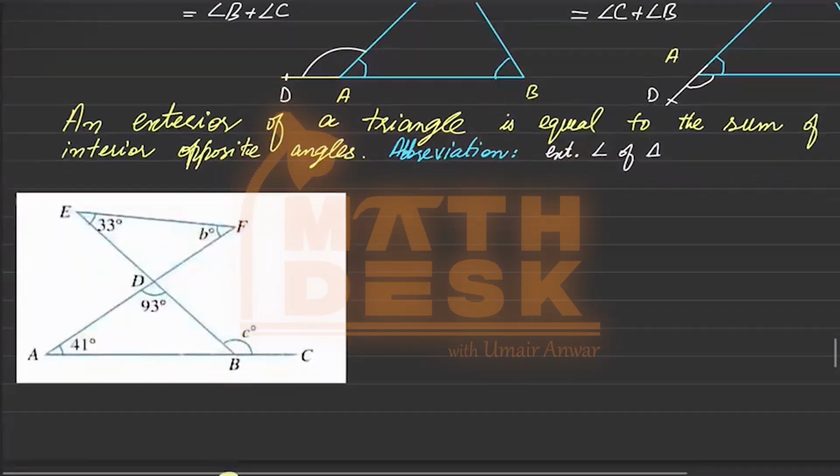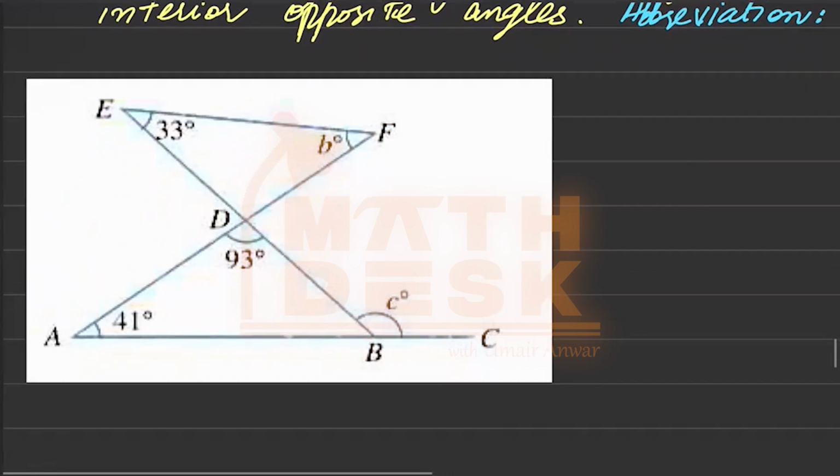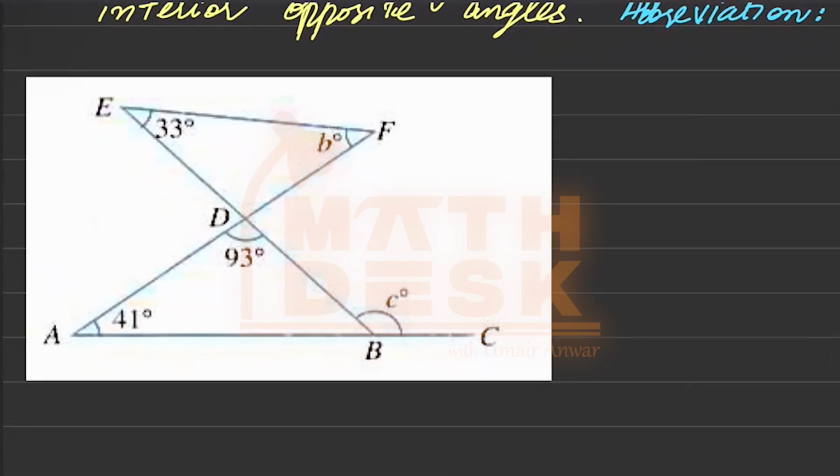For example, in this case, we need to find out the value of B and the value of C. Now, if we consider this C, this is an exterior angle of the triangle ABD, and the two interior opposite angles are 93 and 41.